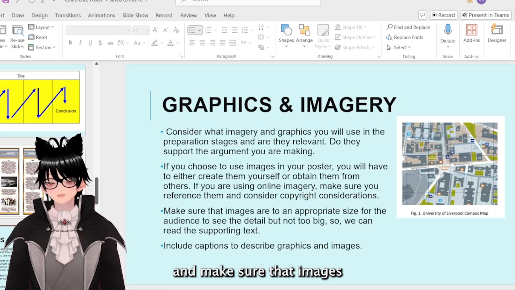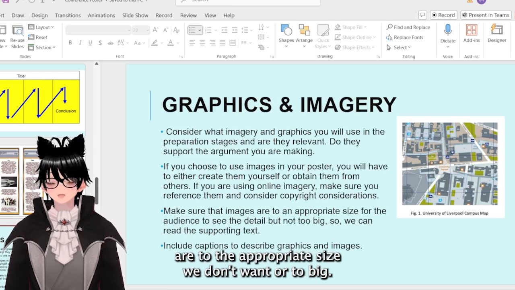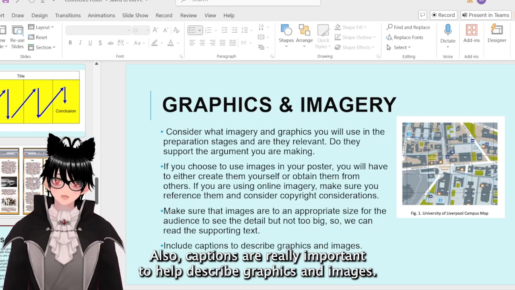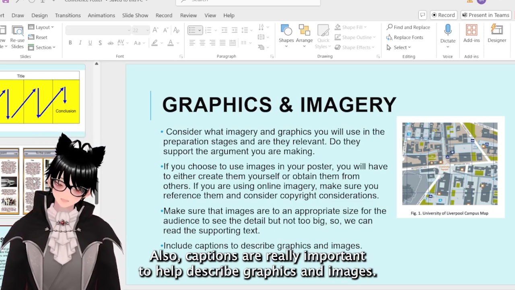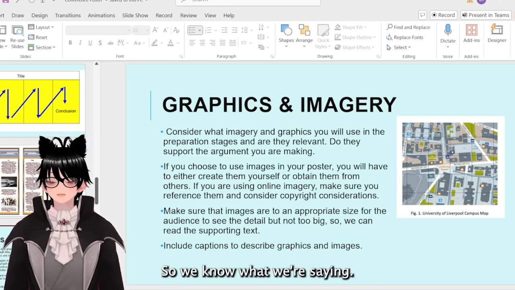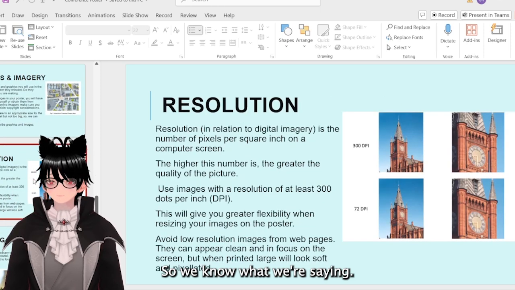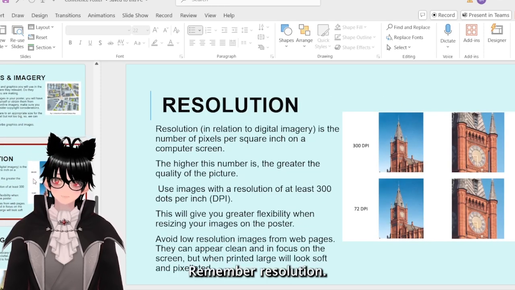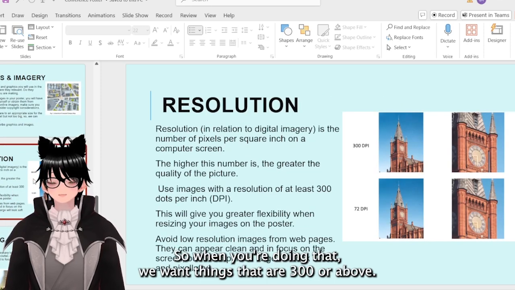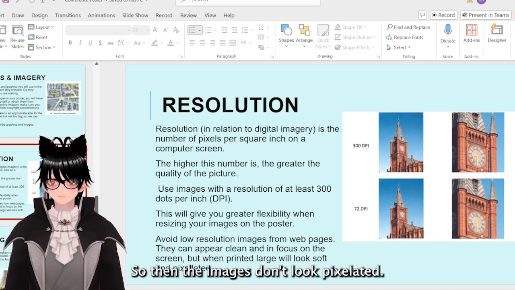Make sure that images are the appropriate size. We don't want them too big. Also, captions are really important to help describe graphics and images so we know what we're seeing. Remember resolution. When you're doing it, we want things that are 300 or above, so then the images don't look pixelated.